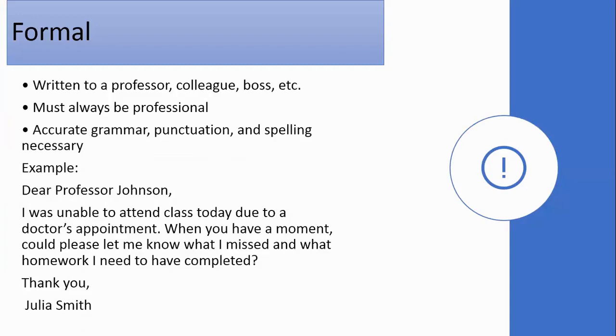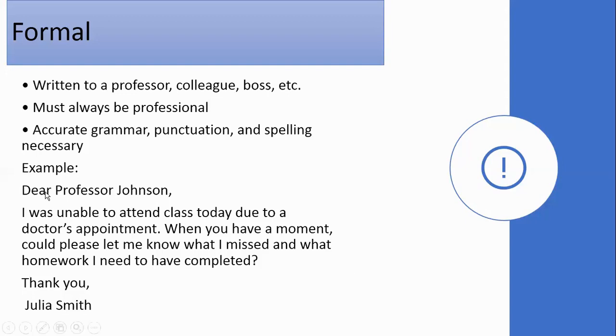A formal email will be like this. It is written to a professor, colleague, boss, someone important, someone in your company. It must always be professional. Accurate grammar, punctuation, and spelling are necessary. Example. Dear Professor Johnson.